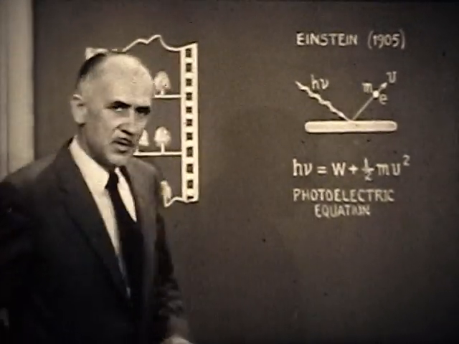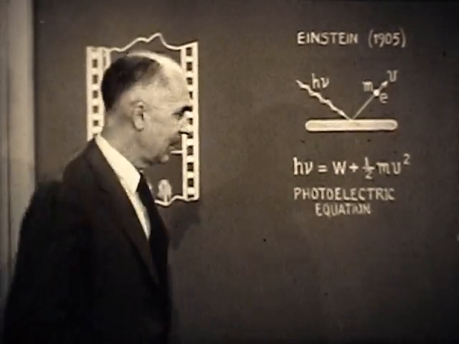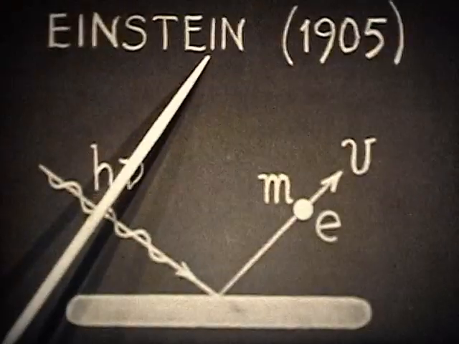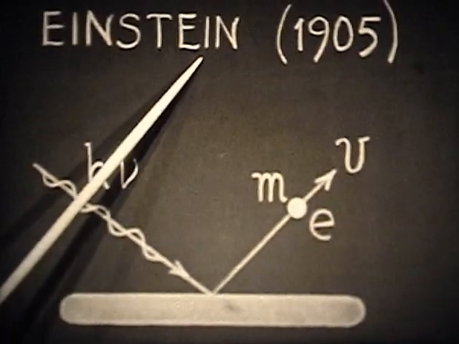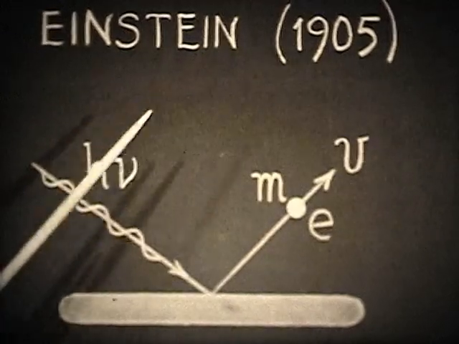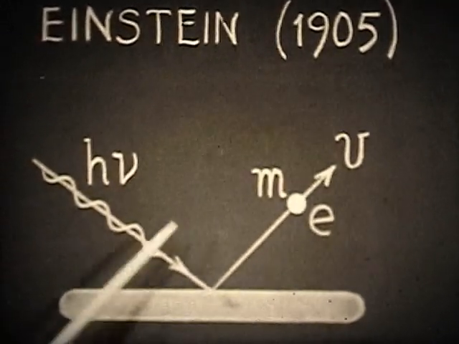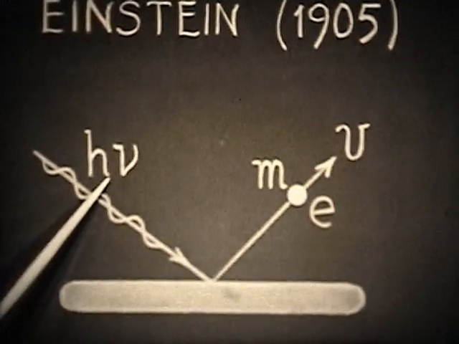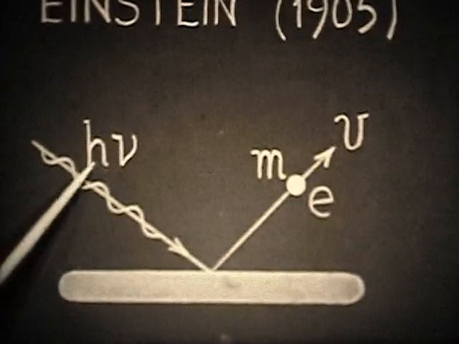Now, we're interested not only in practical applications, but in the theory that lies behind the photoelectric effect. It was Einstein in 1905 that first gave the correct explanation of the photoelectric effect. He said that light waves, when they fall on a surface, have an amount of energy equal to a constant h times the frequency of the light, h nu.